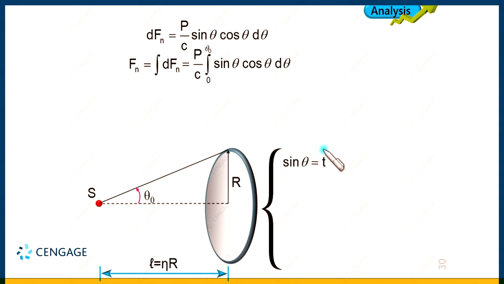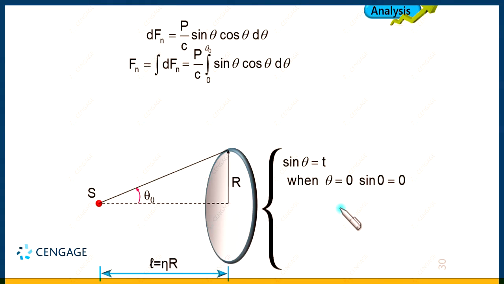And here let us set the limit. If theta equal to 0, t equal to 0, right, the lower limit of t is equal to 0. If theta equal to theta naught, we can write the maximum value of t equal to t naught.